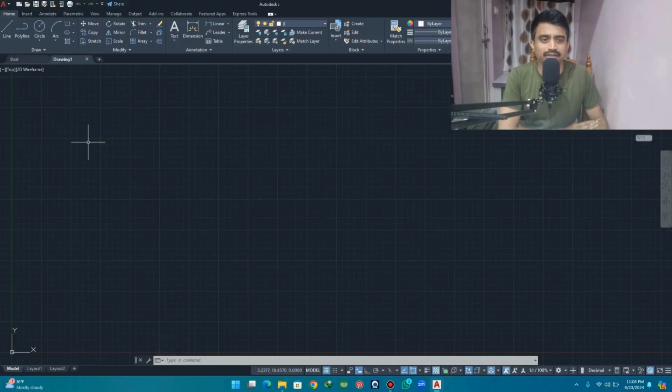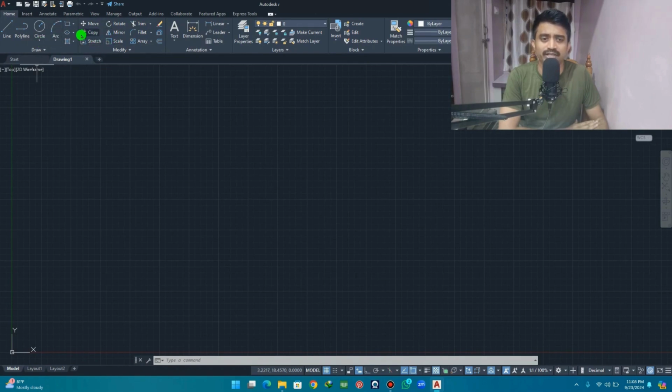Now you can see the draw tools available here and the modify tools available here; these are classified under geometrical AutoCAD.